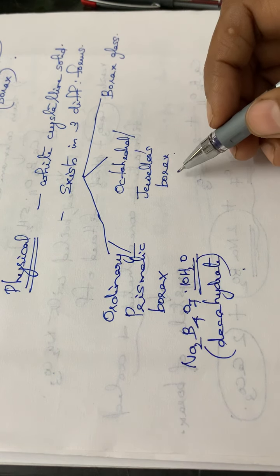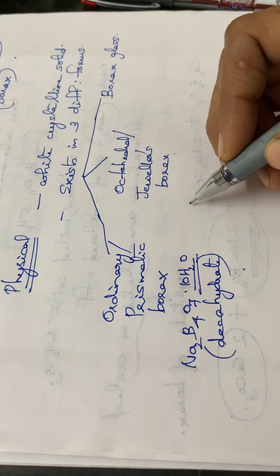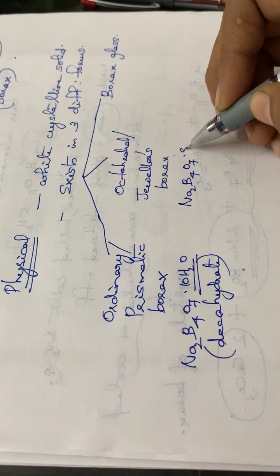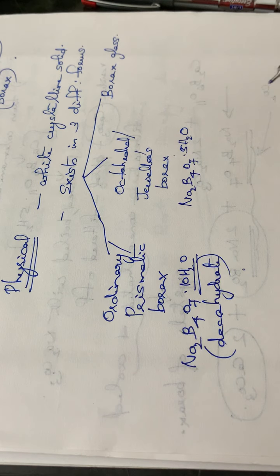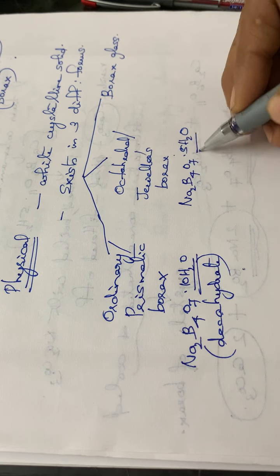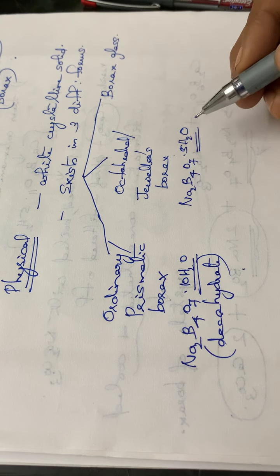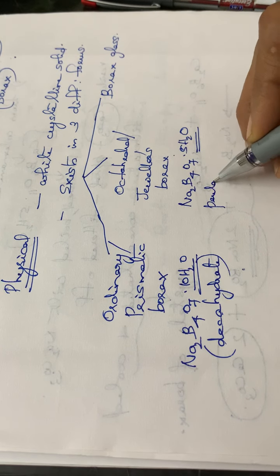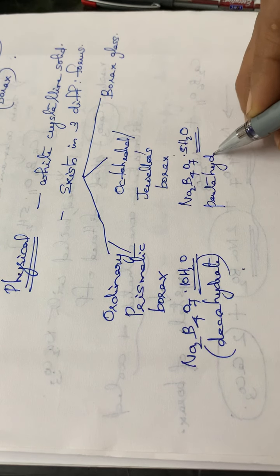Then the next one, octahedral or jewellers borax, has the formula Na2B4O7.5H2O. Only 5 molecules of water of crystallization, so we can call it a pentahydrate. 5 represents penta, isn't it?